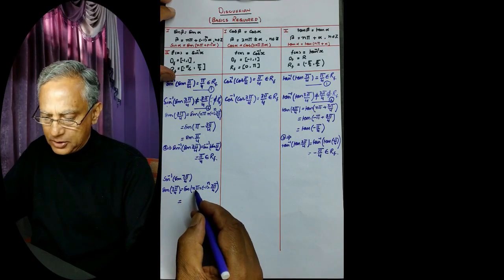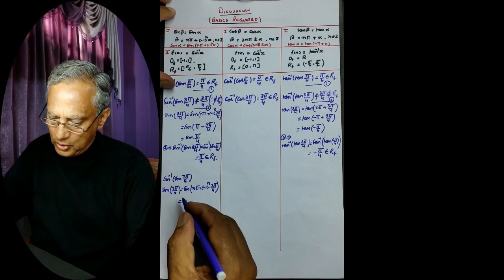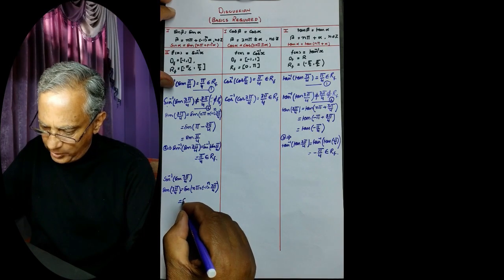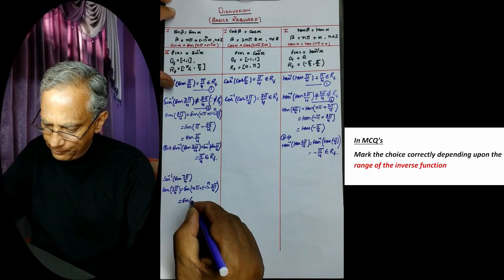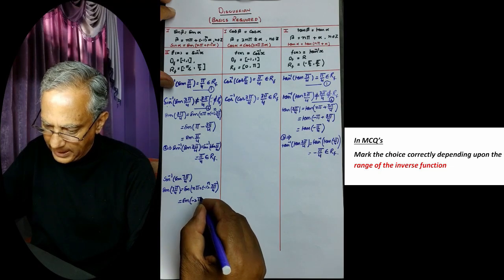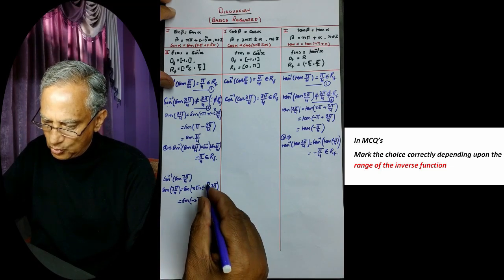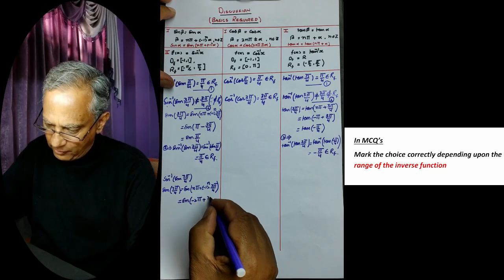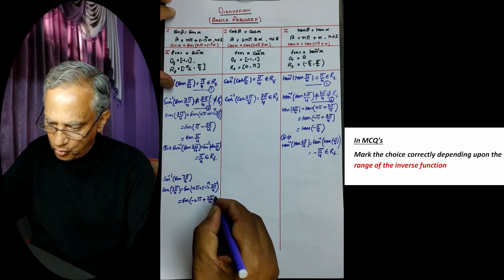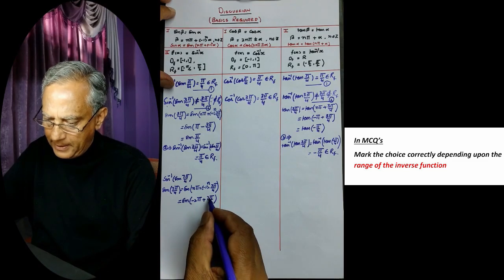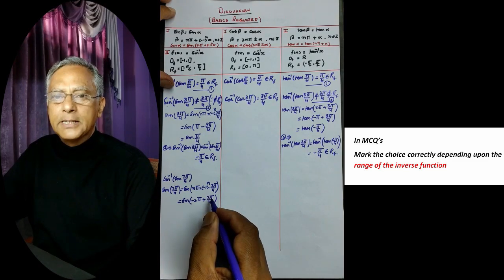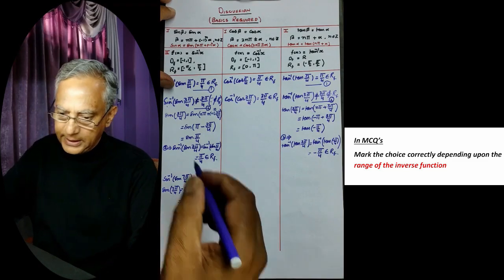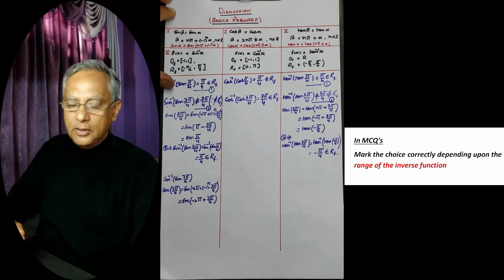So we take sine of minus 2 pi plus 7 pi by 4, which is minus pi by 4. So this is within the range.